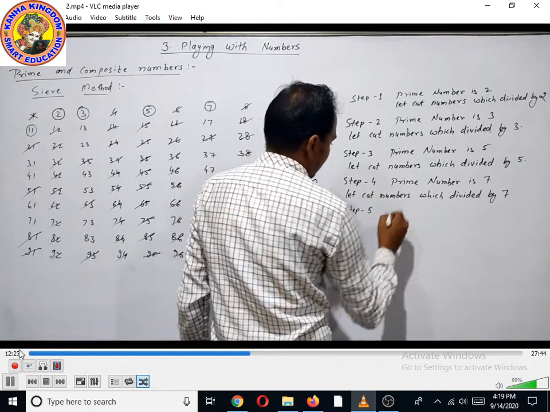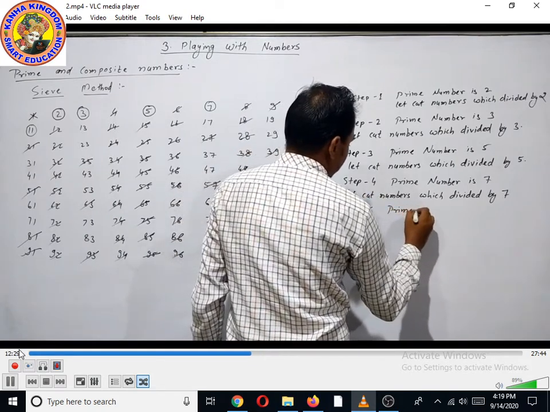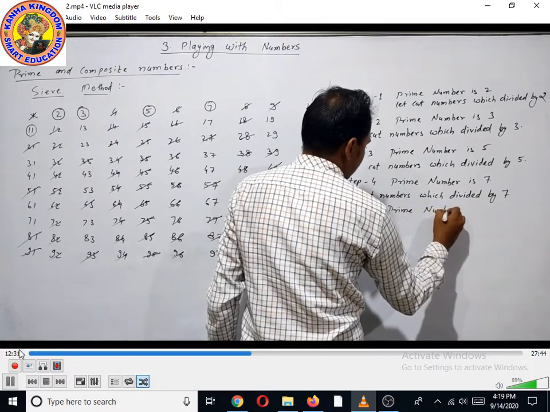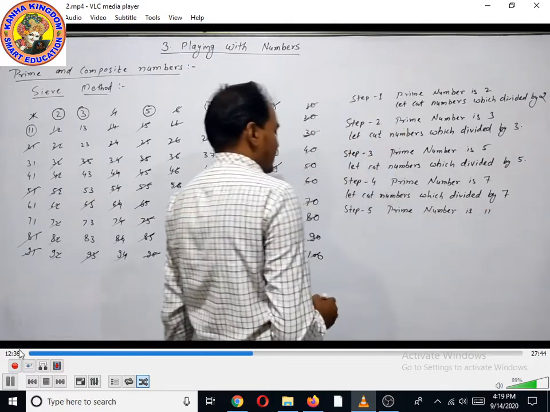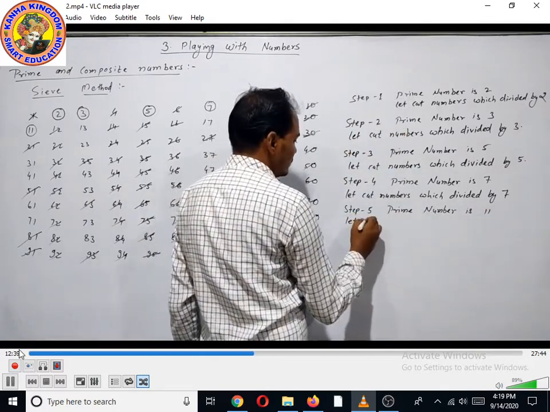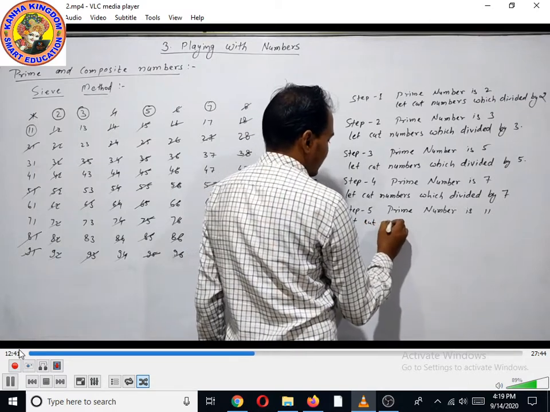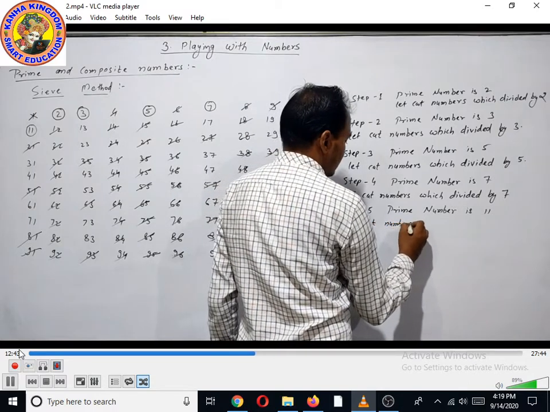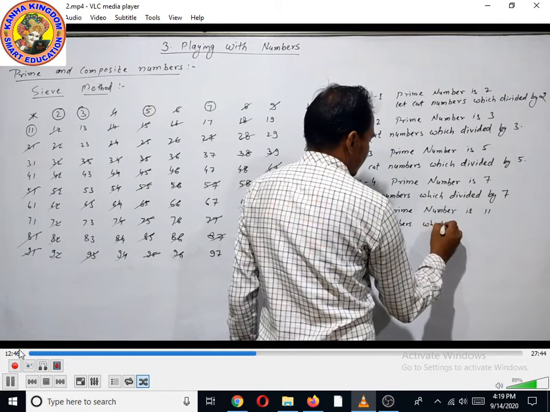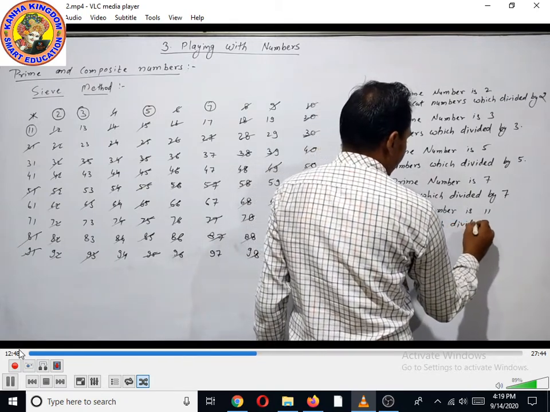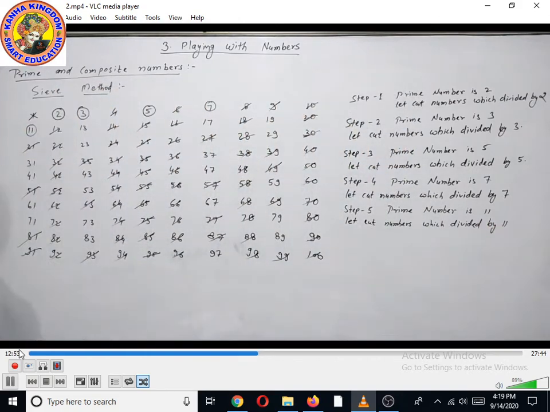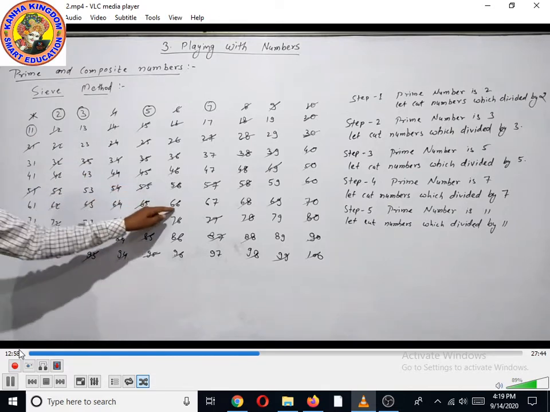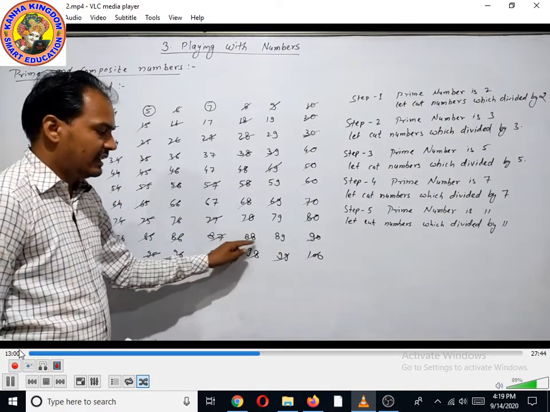Step 5: the prime number is 11. Let's cut numbers which are divided by 11: 11, 22, 33, 44, 55, 66, 77, 88, 99.